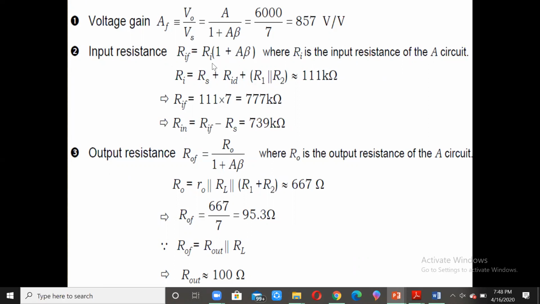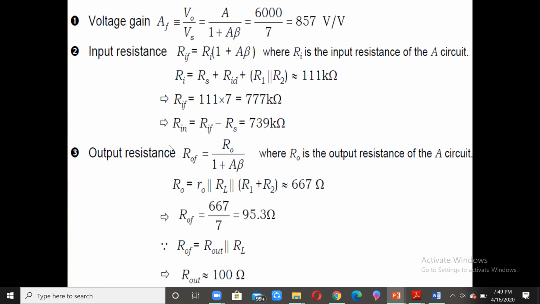The value of Ri itself is nothing but Rs plus RID plus R1 in parallel with R2. That will give us 111 kilo ohms, and RIF will be Ri multiplied by 1 plus A beta, so 111 multiplied by 7 gives 777 kilo ohms. The Rin value will be RIF minus Rs, if you subtract the value of Rs from the input resistance with feedback, which is 777, then you'll get 739 kilo ohms.